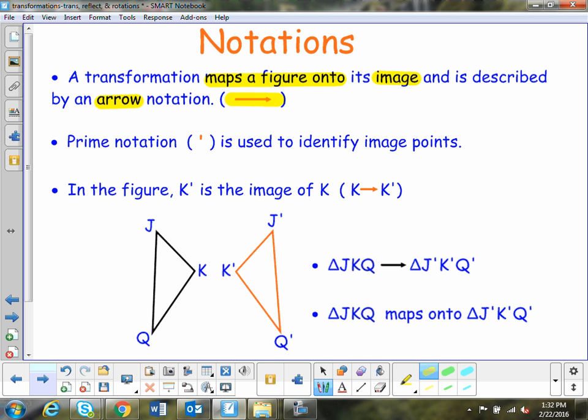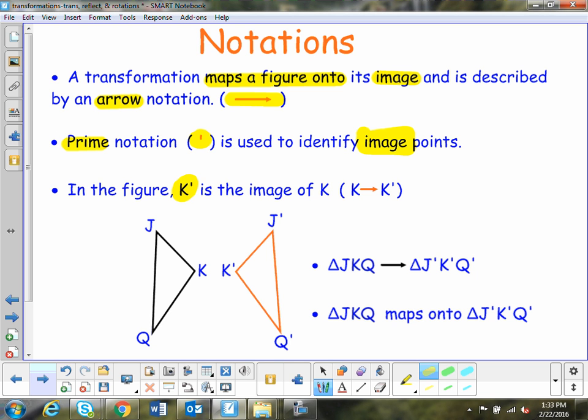Prime notation. Prime is that apostrophe. I think I briefly mentioned it on one of your class assignments. So the apostrophe is always going to describe the image. Make sure you highlight image, so the new one. In this figure, using all of these notations, you've got K prime.